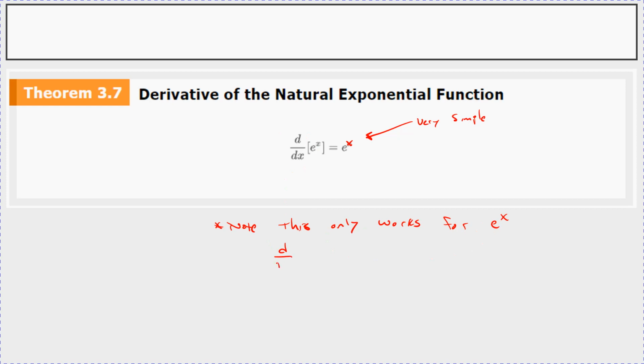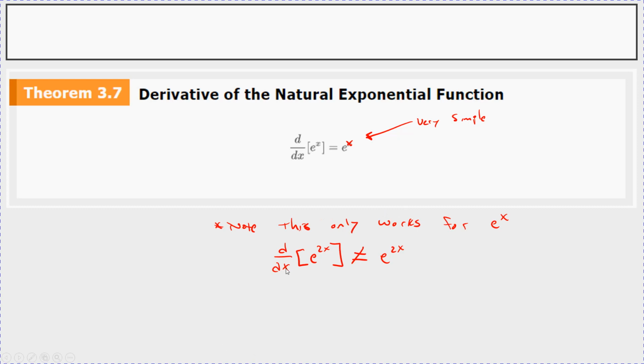So if we have the derivative with respect to x of e to the 2x, that is not equal to e to the 2x. It's actually going to be equal to 2e to the 2x. We'll talk about that when we learn about a rule called the chain rule. Okay, so it needs to just be e to the x. Anything other than an x up here, it doesn't work.